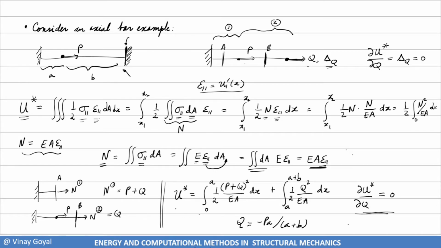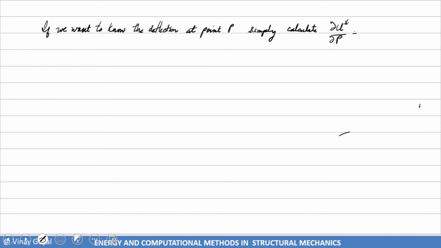And then after you know Q, you can actually then determine, let's say I want to know the deflection at point P. So all you have to do is substitute the formula for Q back into U star and then take the derivative of U star with respect to P. So if we want to know the deflection at point P, simply calculate partial U star with respect to P, and that will give you the deflection there.